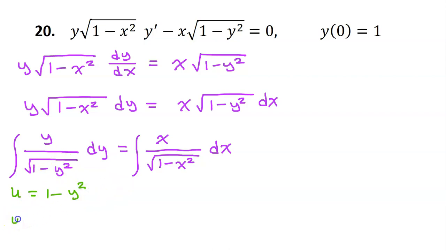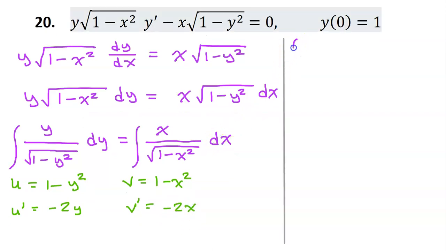And that means that u prime will equal negative 2y. At the same time, we have to do u substitution with the x's, but we already used the letter u. So we have to call it something else. So how about v? Let's let v equal 1 minus x squared. And v prime will equal negative 2x.